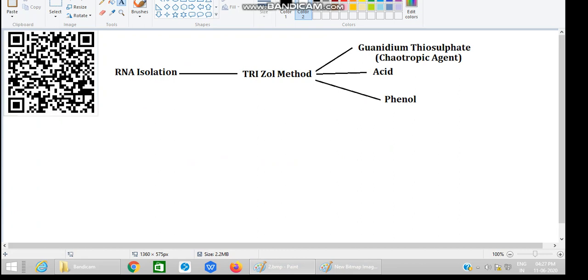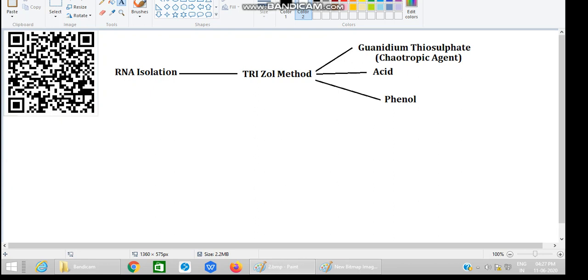What exactly does a chaotropic agent mean? A chaotropic agent is a reagent which can destroy or destabilize proteins and other organic things. Understood? For example, urea is also known as a chaotropic agent. In some cases of SDS-PAGE also you use urea, not in every case, but in some.